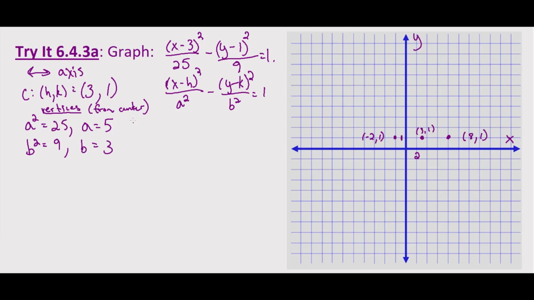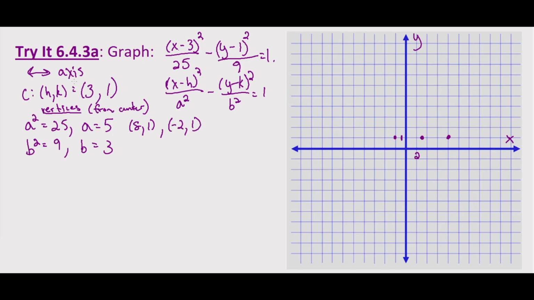I'm going to go ahead and write that over here so our graph doesn't get too busy. 8, 1 and negative 2, 1. Let me go ahead and erase all of those labels off of there. So 8, 1 and negative 2, 1.